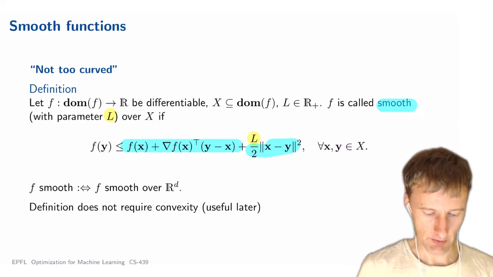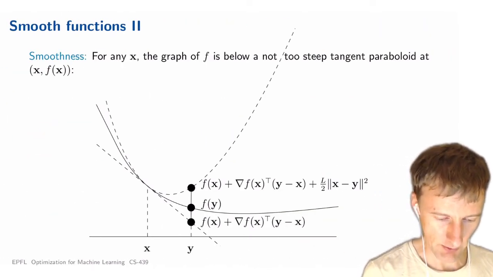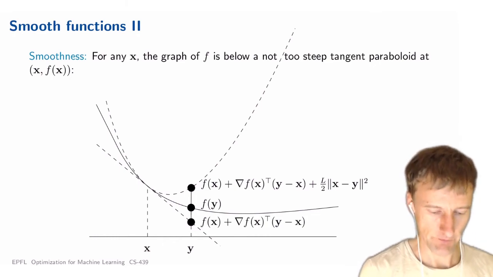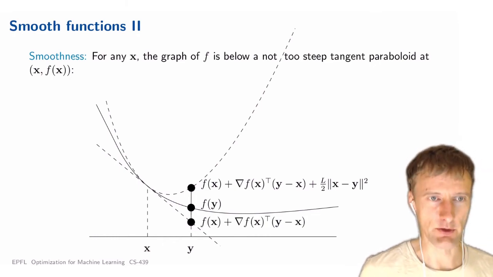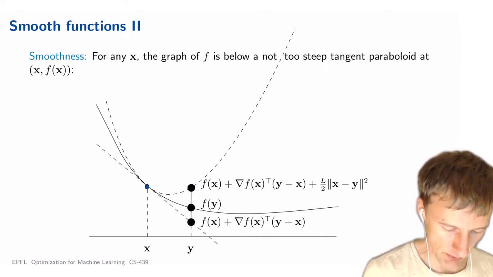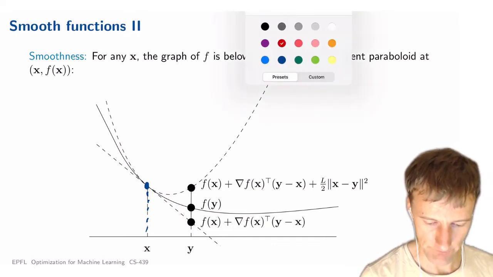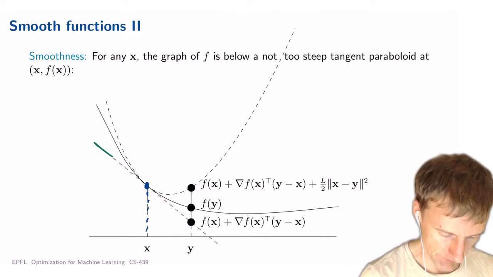All right, let's visualize this. Maybe that's easier. I'll get back to the definition in a second. So here is the picture. You can see that we are at x, right? And we do the usual thing that we consider the linearization.